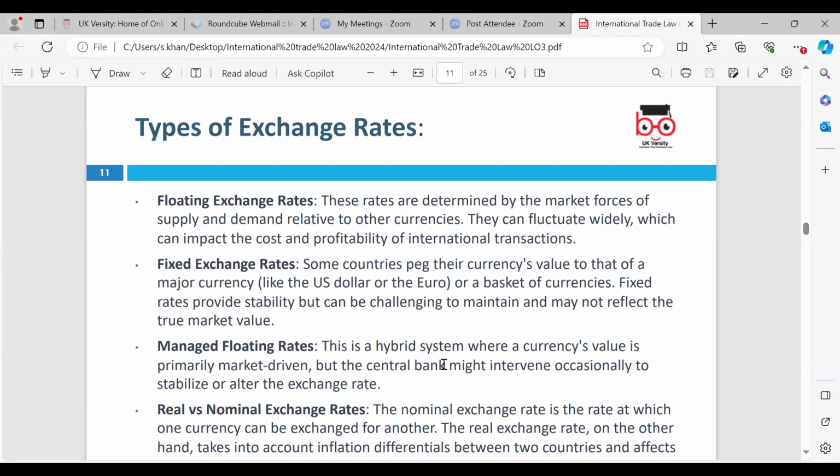They fluctuate widely, which can impact the cost and profitability of international transactions.